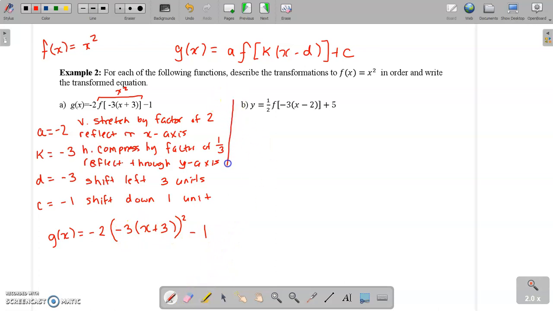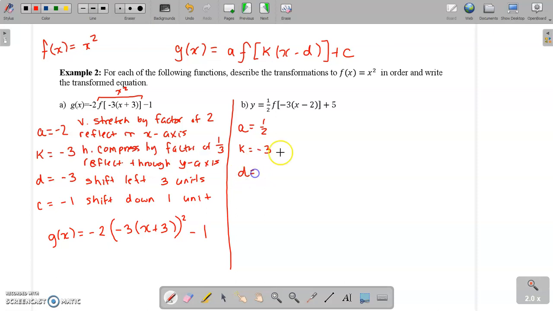Alright, let's take a look at the next function and its transformations. Again, recognizing what each value is. So here we have our a is 1 over 2. Our k is the same as the previous question. It's negative 3.